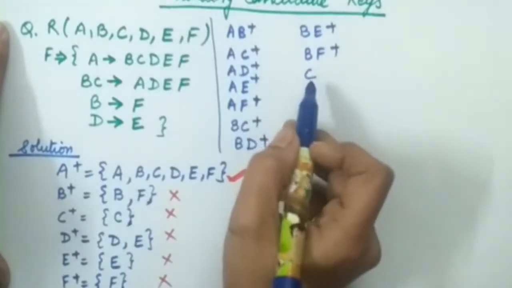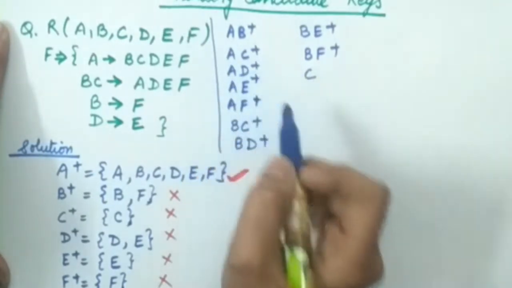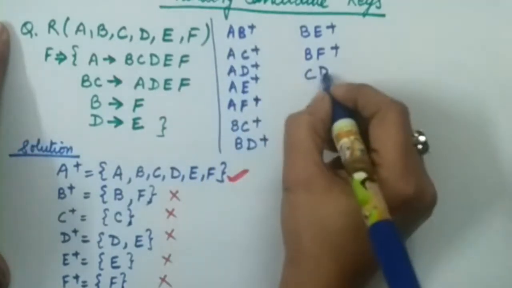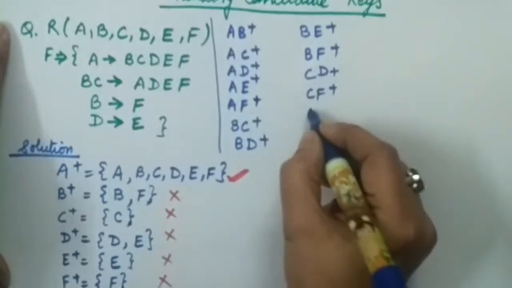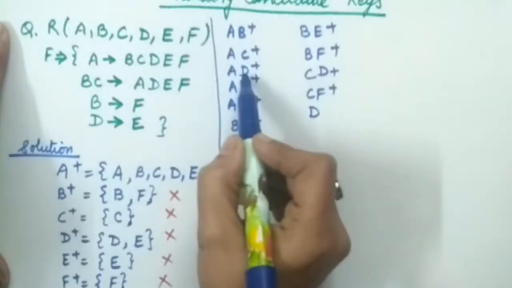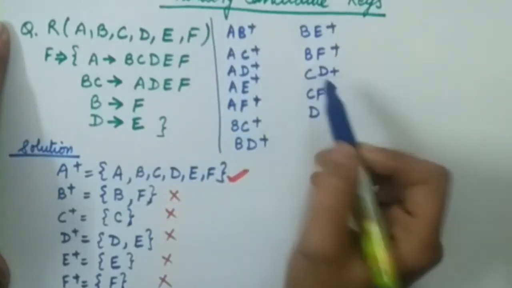Next, the attribute C. With C, A, C, A, so C, A I have already taken. C, B already taken. C, D, and C, F. Then with the attribute D, D, A already taken. D, B done. D, C done.